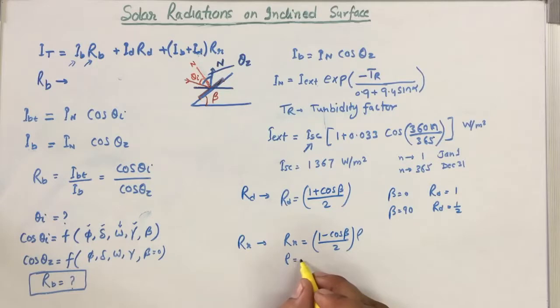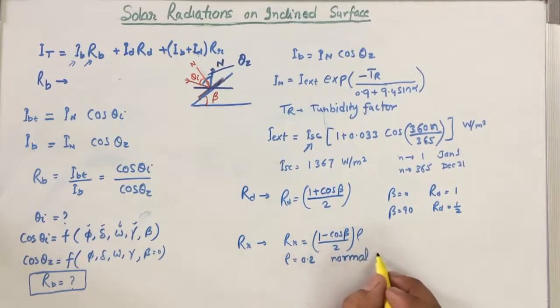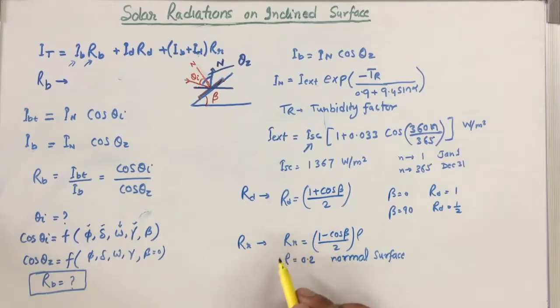For a normal reflector surface, suppose the normal earth surface is there, then rho will be considered as 0.2, which is unitless, because this factor is unitless. For ice covered surfaces it is 0.7. In some references it is given as 0.6 or 0.7, so don't be confused, just follow 0.7.